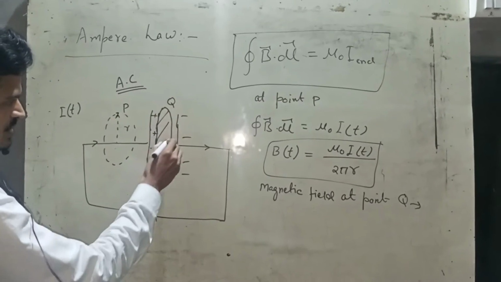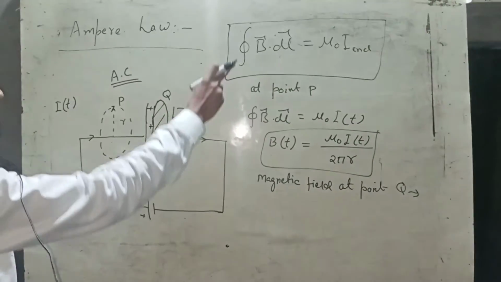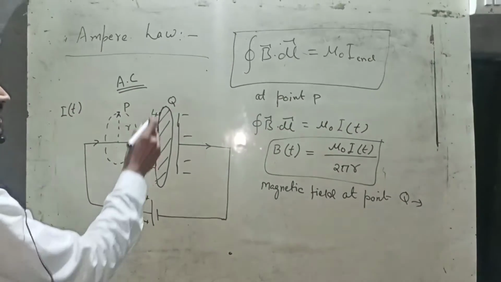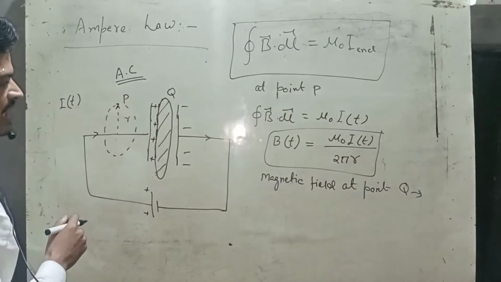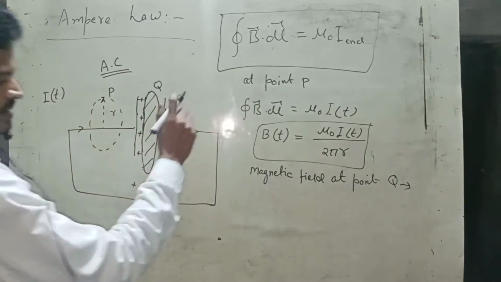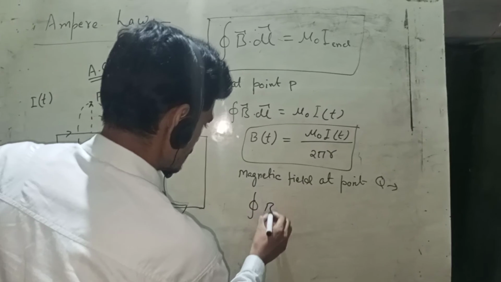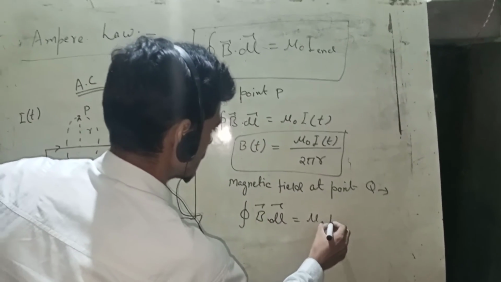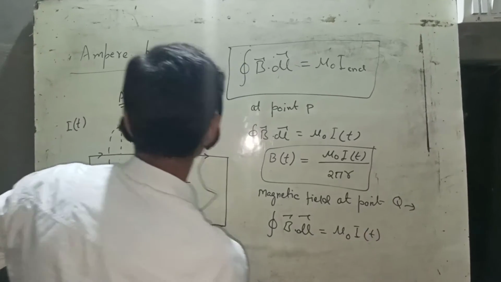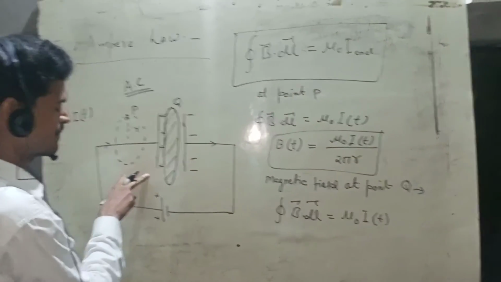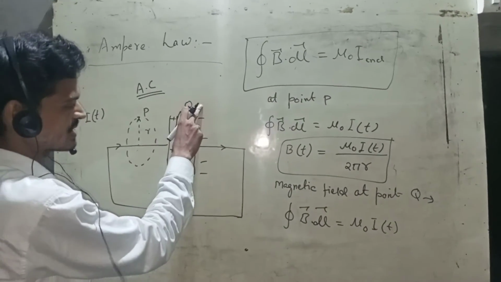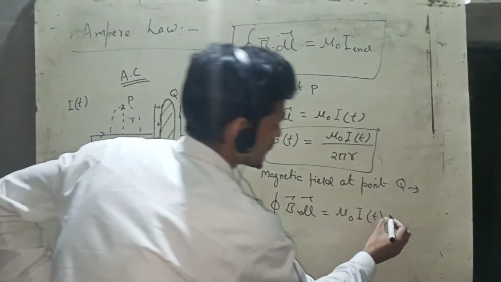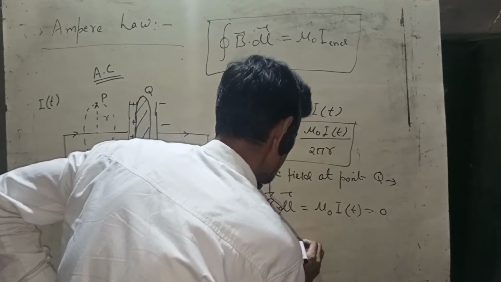Applying Ampere's circuital law, we get B dot dl equals mu 0 I. Inside this parallel plate capacitor at point Q there is no current, so the magnetic field should be 0.